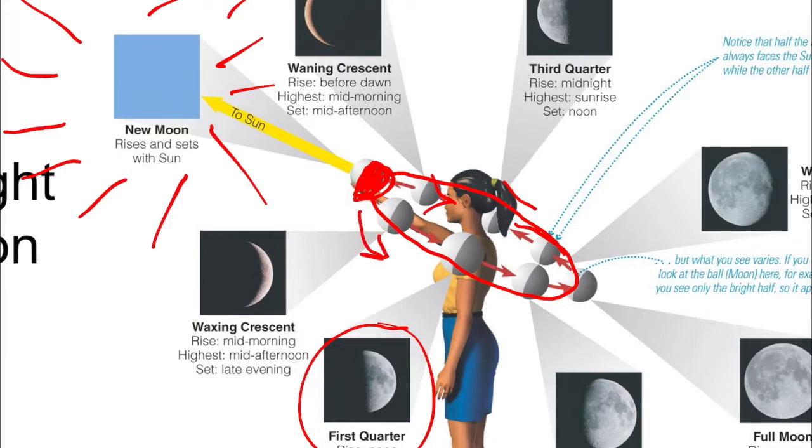And you can see the arrows as well, being consistent with that. You'd look at the ball, and you'd see half of it bright and half of it dark, okay? Because half of it is picking up the reflected light from the sun, this dark half, you'd be able to see, but it would be dark, all right? It'd be shadowed, okay? And then as you continued around, once the moon was on the far side of the light relative to your head, then you would see a full moon.